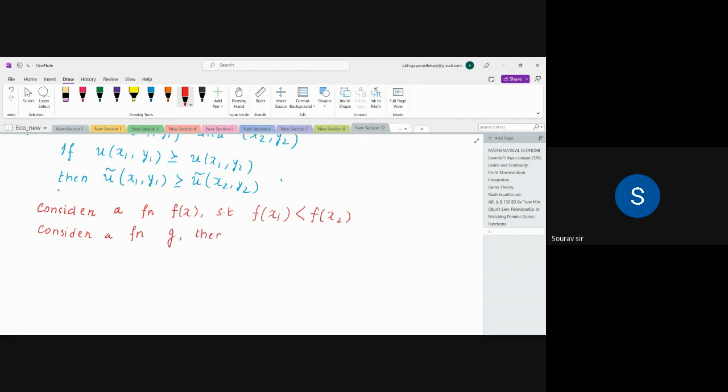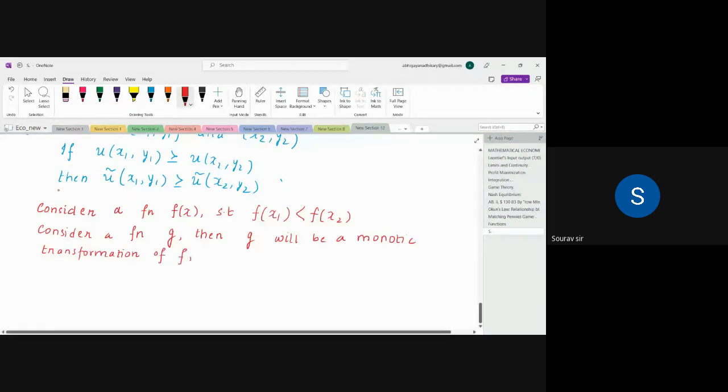Then g will be a monotonic transformation of f if g(x1) is also less than or equal to g(x2). Okay, the order of the points or the order of the coordinates remain unchanged. The functional values might differ. That's not the case. Only the order will remain unchanged.